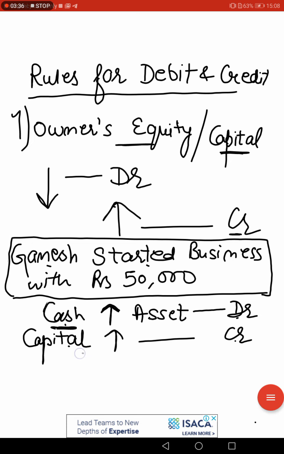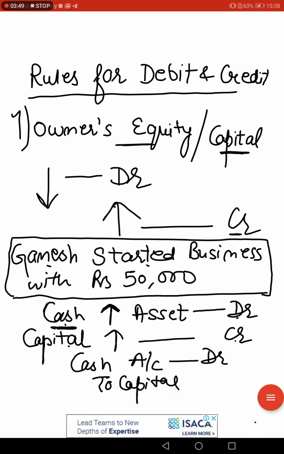So the entry will be cash account debited to capital account with the amount of rupees 50,000. So debit 50 and credit 50.